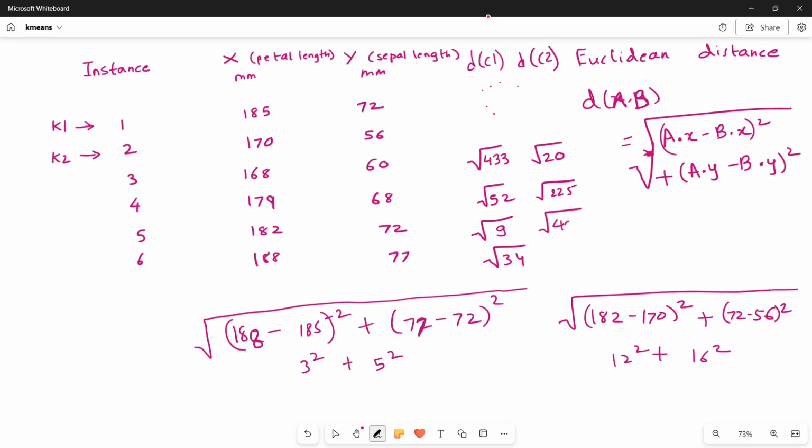So this will be square root of 400, which is 20 in fact. And for the last one, 188 minus 170 and 77 minus 56. So this will be 18 square plus 21 square, which comes out to be 765.